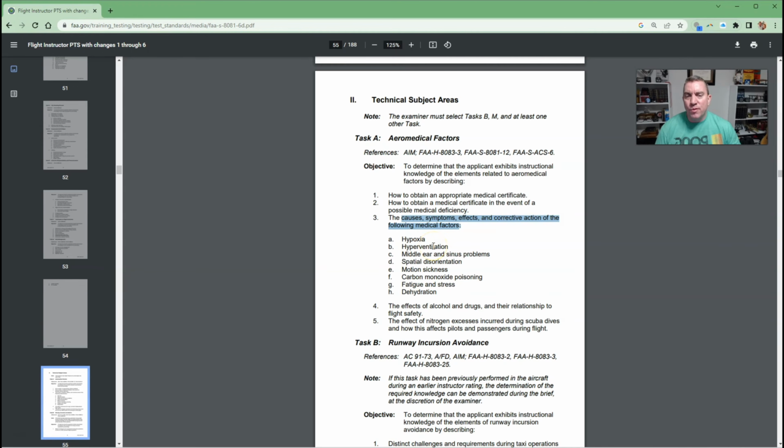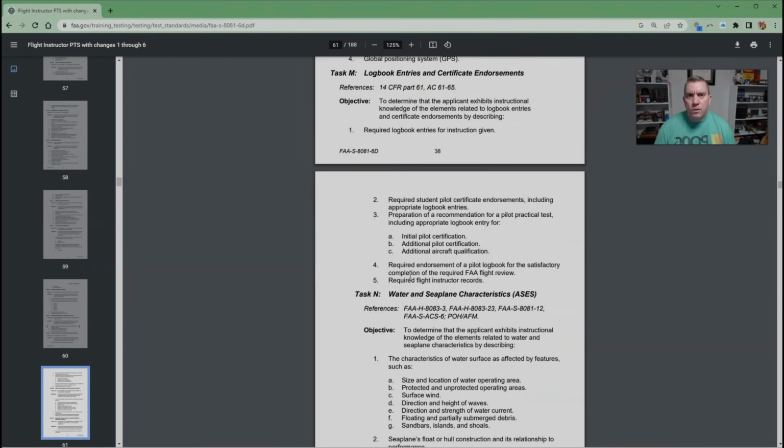Let's look at the third type or style of instruction that you would do on the check ride. So this one would be relating to how you would discuss and present logbook entries and certificate endorsements.